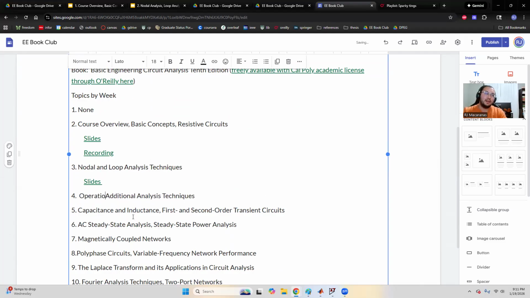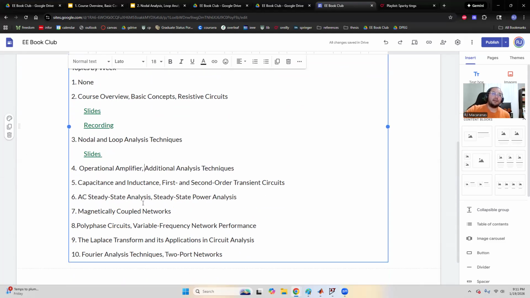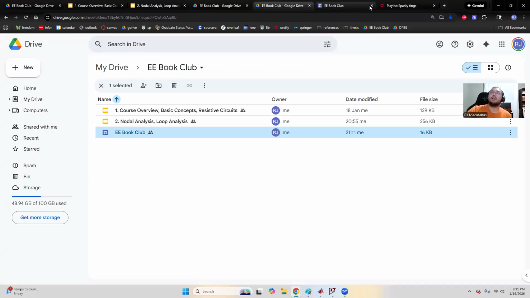Because it's kind of awkward to cover both op amps and these circuit analysis techniques in one go. So hopefully we can keep on track with the rest of the material here. But it looks like we have another week where we're just covering one topic. So worst case, we just push another thing one week and hopefully everything will stay balanced here. But that's what we're going to be looking at this week.